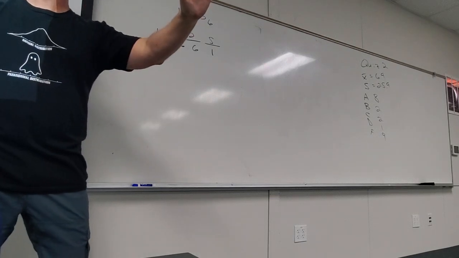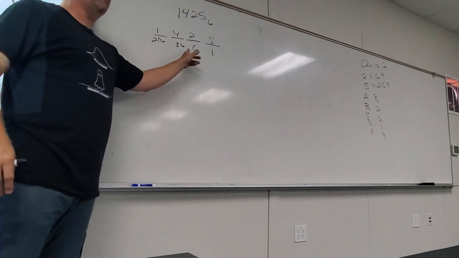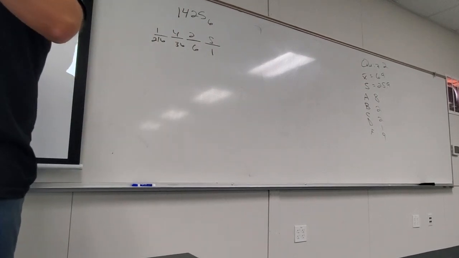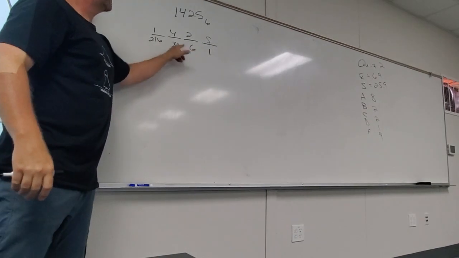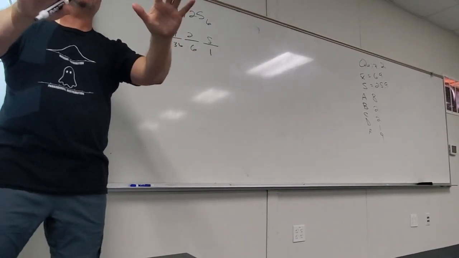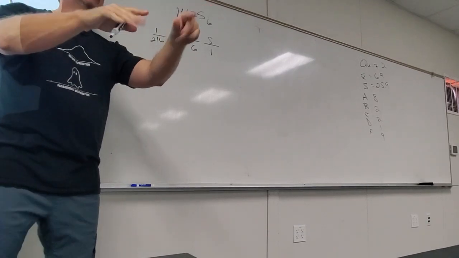Does that make sense? The number 36 would not make sense in base 6, correct? So when I identify the places, I'm already halfway to our base 10. Does that make sense? I don't know. Okay.